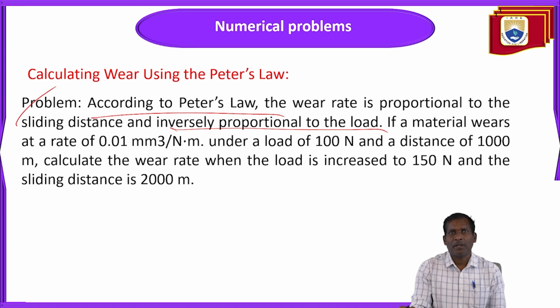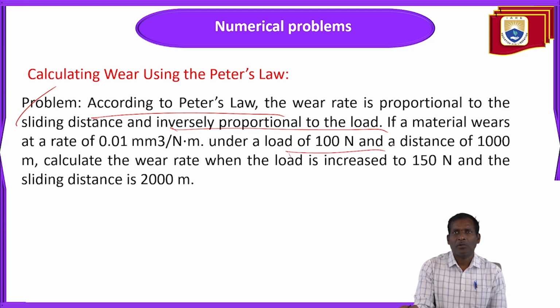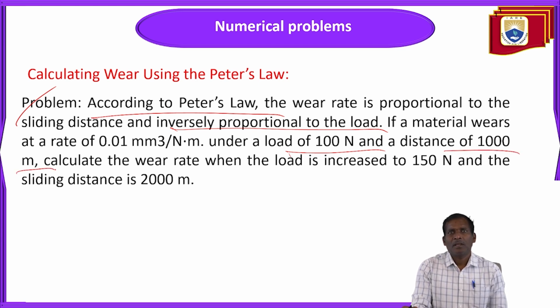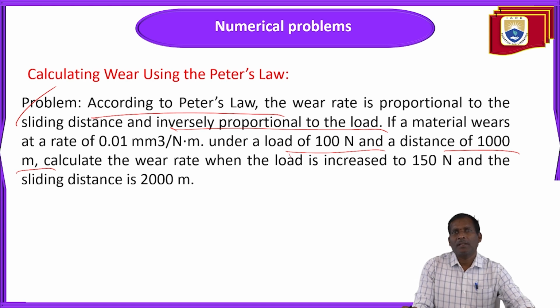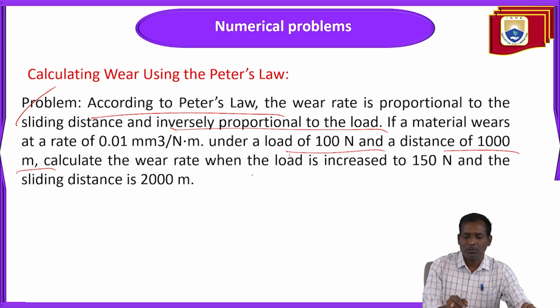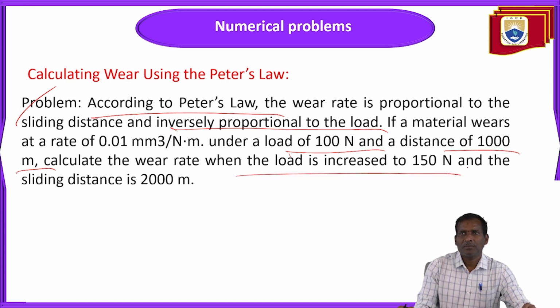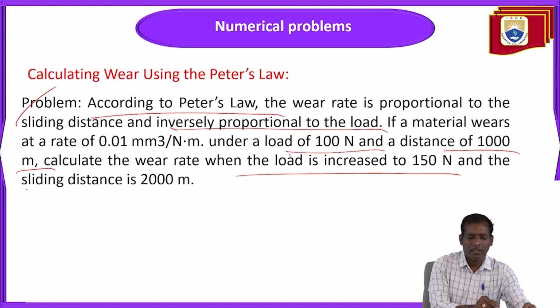If a material wears at a rate of 0.01 mm cube per Newton meter under a load of 100 newtons and a distance of 1000 meters, calculate the wear rate when the load is increased to 150 newtons and the sliding distance is 2000 meters.